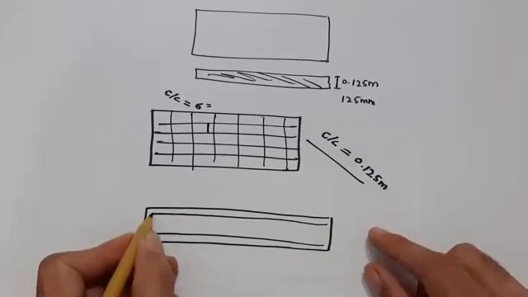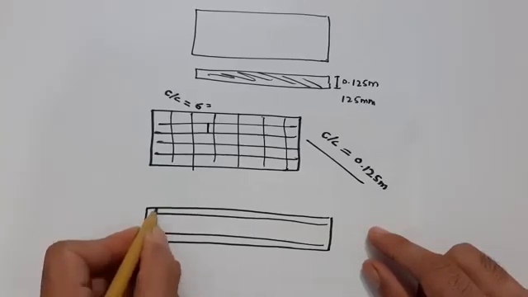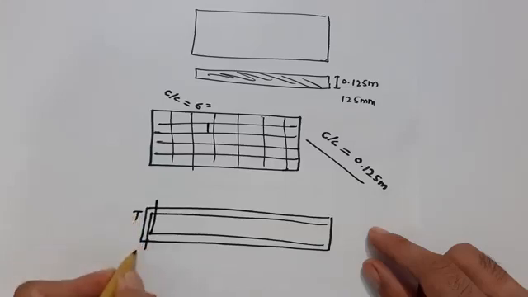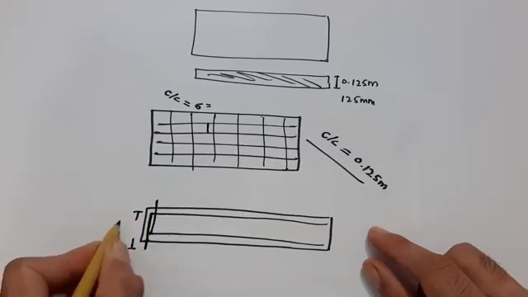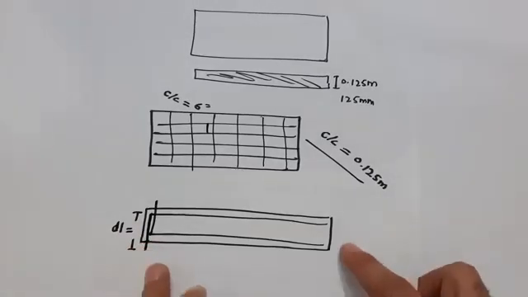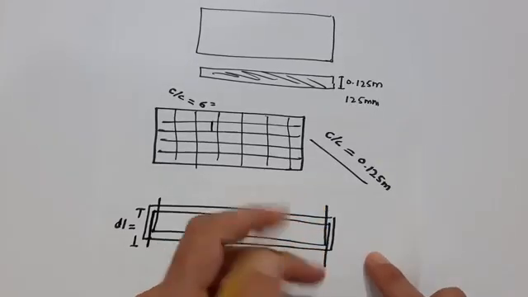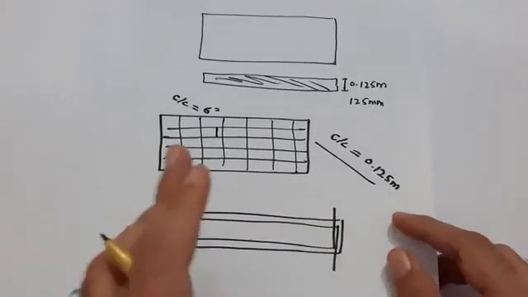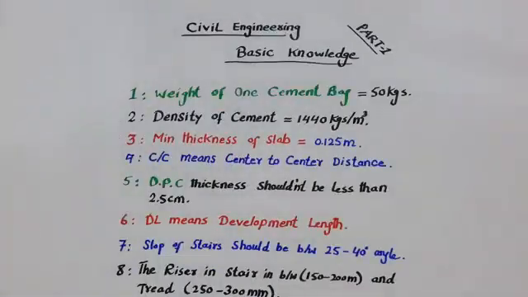This one steel is coming to the downside and this one is going to the upward side. From here to here, this length is called DL, development length. Development length makes a good bond between steel and concrete, so at the end we are providing these.